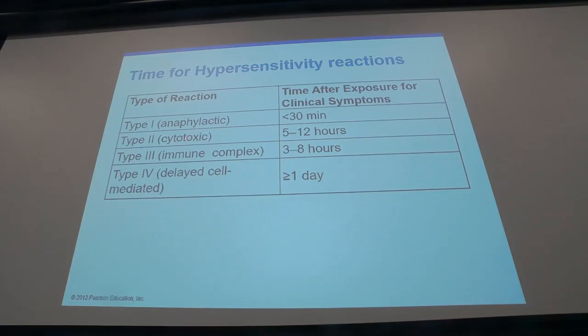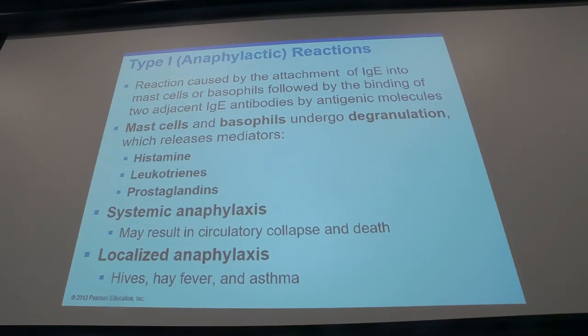Now, for anaphylactic, this is the most dangerous, but it's the most common one. We have a subclassification for these anaphylactic reactions into localized, that can lead you to hives, hay fever, or asthma, but it can be subdivided as well into systemic.